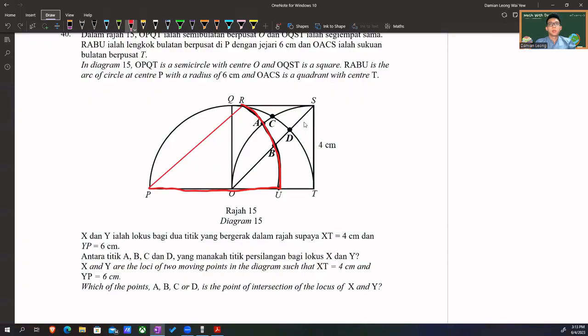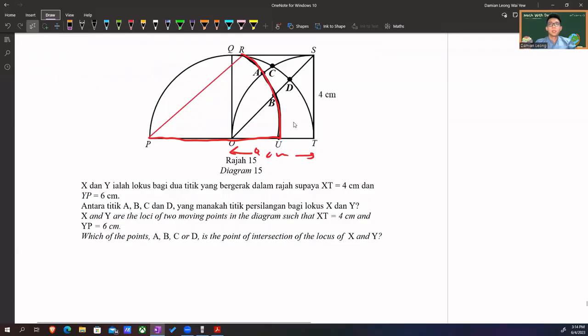OPQT is a semicircle, center O. QST is a square. Square means here also 4 cm. OACS is a quadrant, center T. So XT, sorry, is 4 cm. So 4 cm from T will be this one. And YP is 6 cm, 6 cm from P.